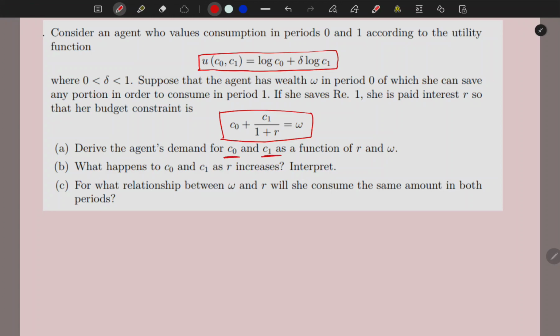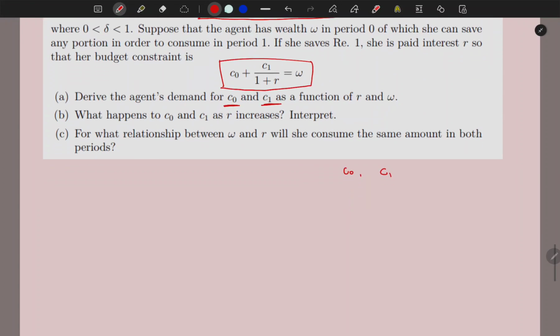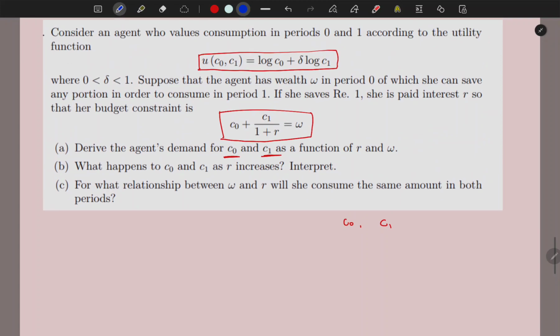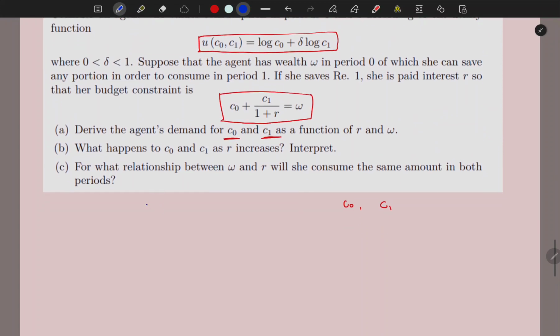for the optimal demands C0 and C1. Here the time periods are T0 and T1.